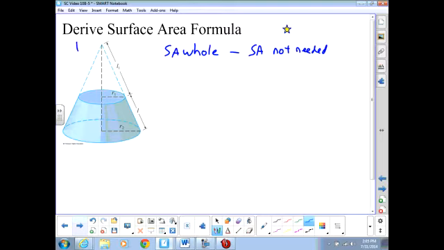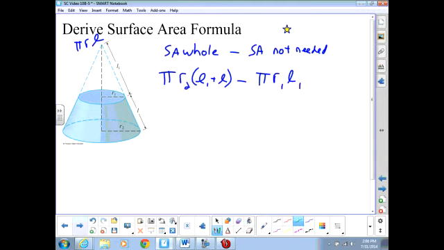Well, again, pi r times the slant is your surface area. So we'll have pi. In our whole thing, our radius is R2, and our slant for the whole thing would be that L1 plus L. Minus the part we don't want, we'll have pi times R1, and that part's slant is just L1.